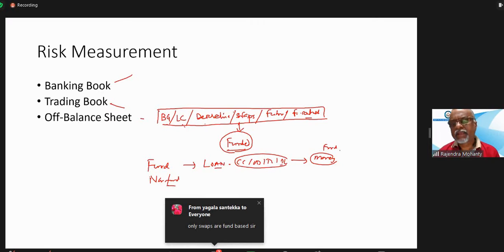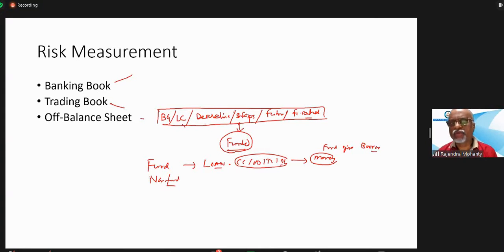Fund is given to the borrower. You give a loan to the borrower. Fund is going out of the bank to the borrower. In case of non-fund, no fund is given to the borrower. Right now, it is only on paper: bank guarantee is issued, LC is issued, derivative is issued. It is a paper-based transaction only. No money is involved. So those are called non-fund based transactions.